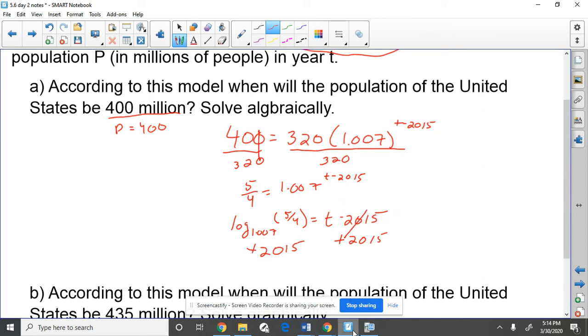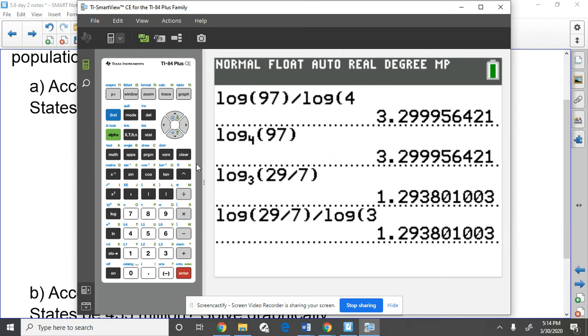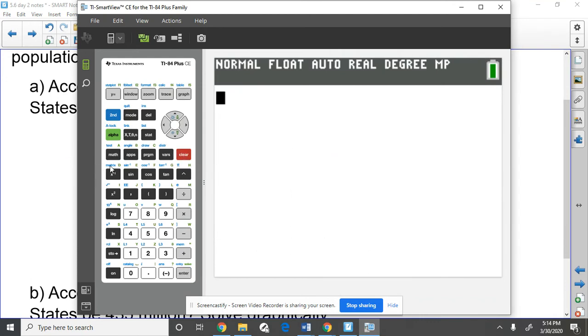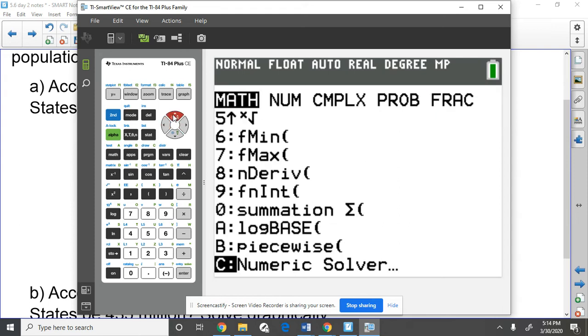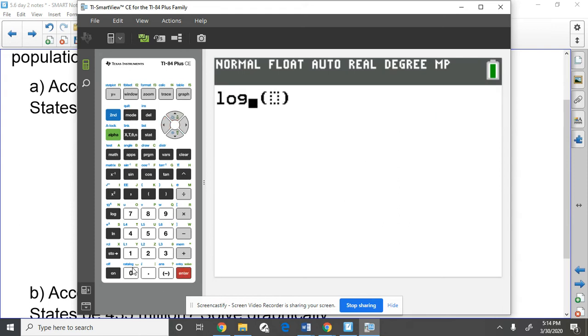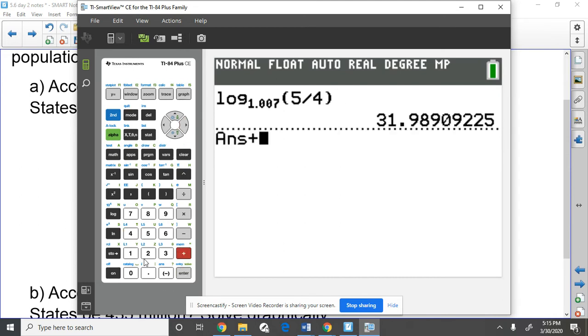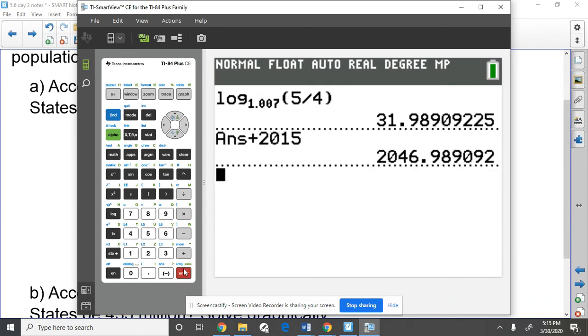So in my calculator, I'm going to take log base 1.007 of 5/4 and find that logarithm, and then I'm going to add 2015 to it. And the answer I get is 2046.98.